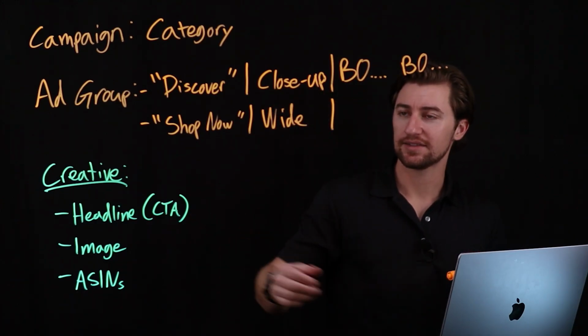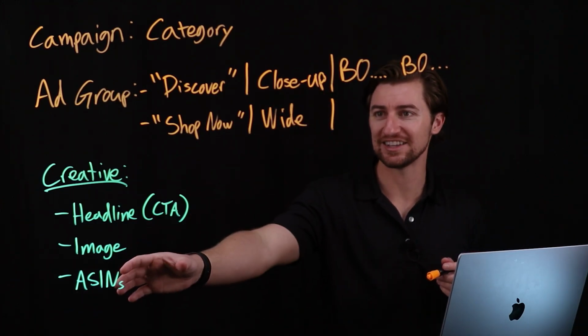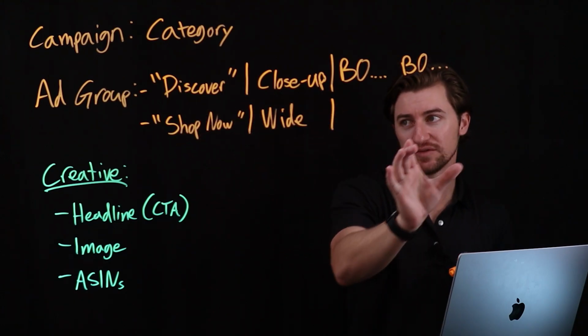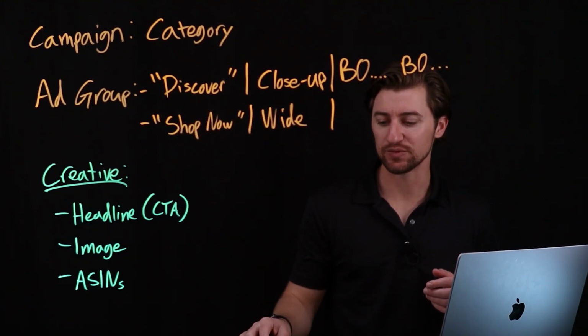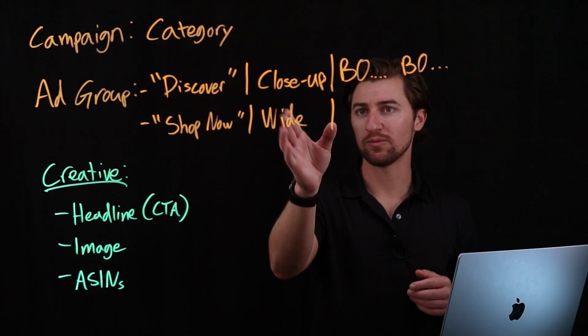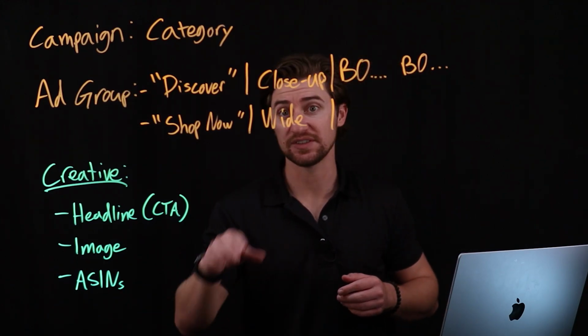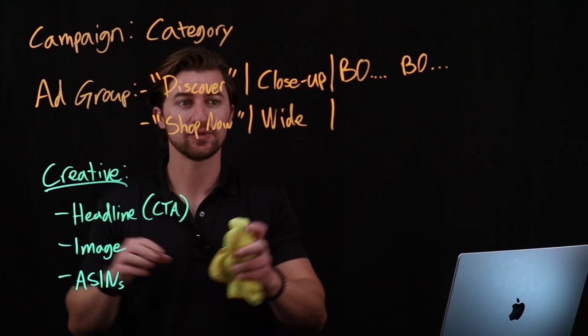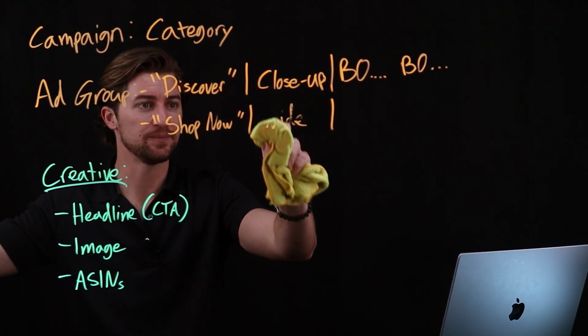Now, in this case, I think I'm actually kind of just doing the example that I said not to do, where we don't want to be changing each variable across the different ad groups. But what we would want to do is perhaps in this case, this is actually still just a close-up. So let me actually just clean that up really quickly, and we'll pretend we're not doing it.